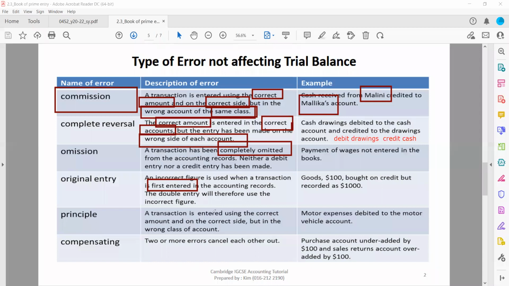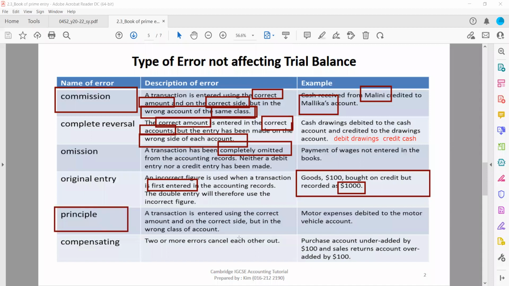So when this first recording is wrong, it means the debit and credit when we transfer to the ledger will also be wrong. For example, goods bought on credit recorded as 1,000.